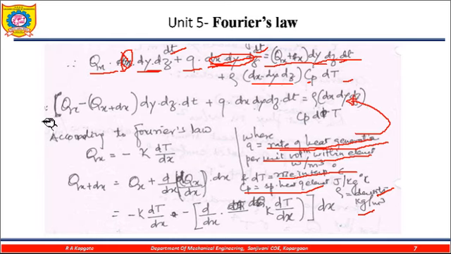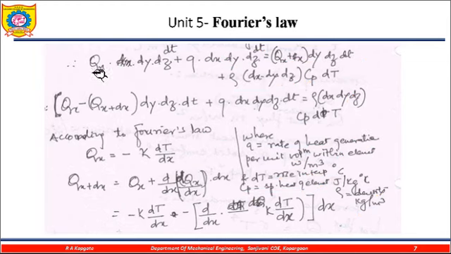Hence what we get is qx dy dz dt plus q dx dy dz dt is equal to qx plus dx, dy dz dt, plus the internal energy. This is my inflow, this is the heat generated, this is the outflow, and this is my change in internal energy.